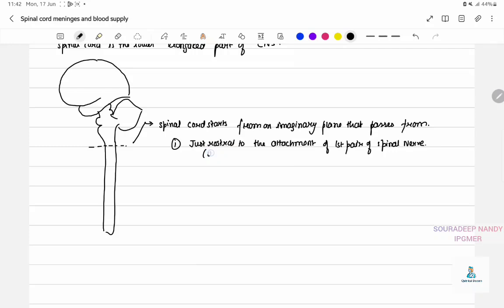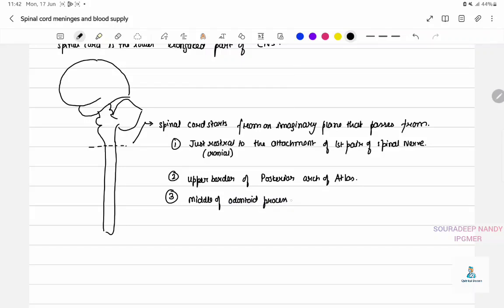Just rostral means just cranial to the attachment of the first pair of spinal nerves. Second, the upper border of the posterior arch of the atlas vertebra. And third, the middle of the odontoid process of the axis. So these are the three landmarks from where the spinal cord starts.